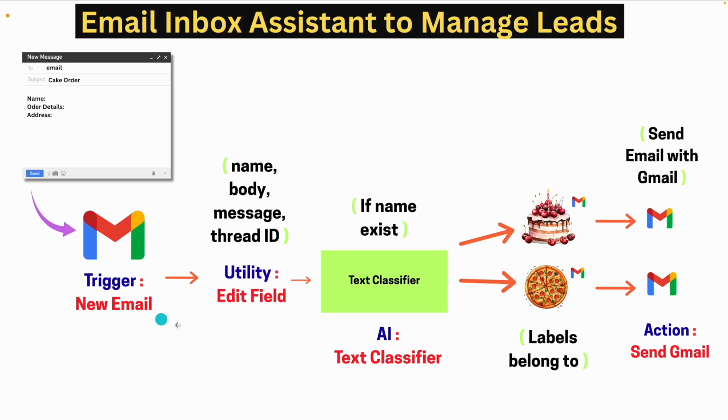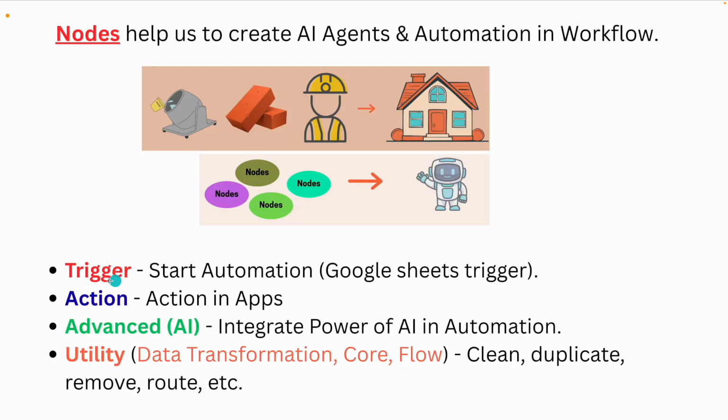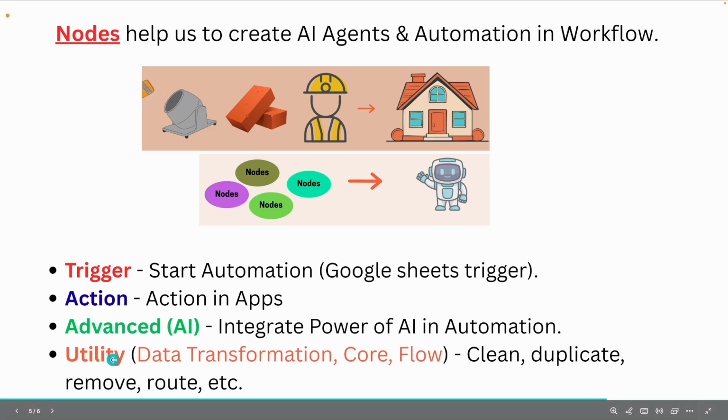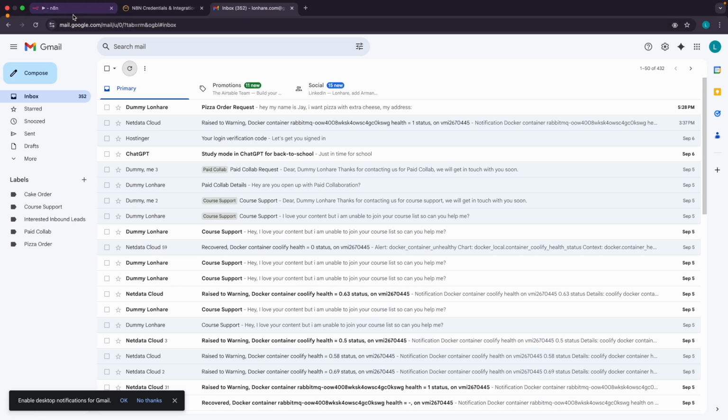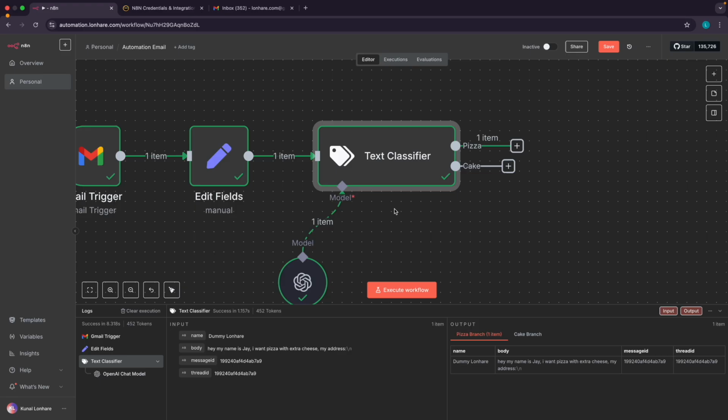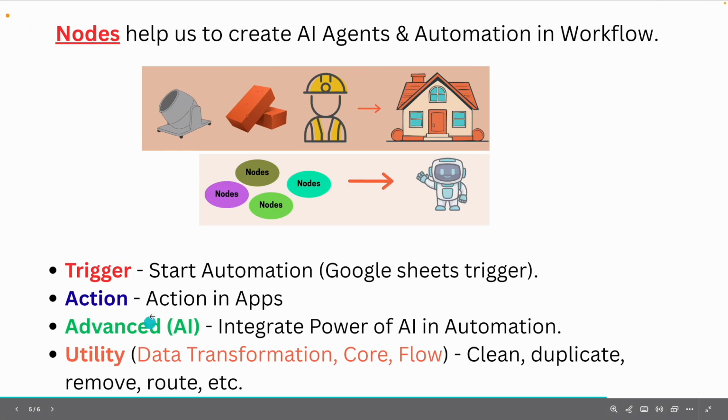Trigger we have used, utility node we have used, and AI node we have used. So you can see trigger, action, utility, and AI. So if you want to build any AI agent or automation, my dear friends, you need these nodes and they will work together to help you build AI agents and automation.